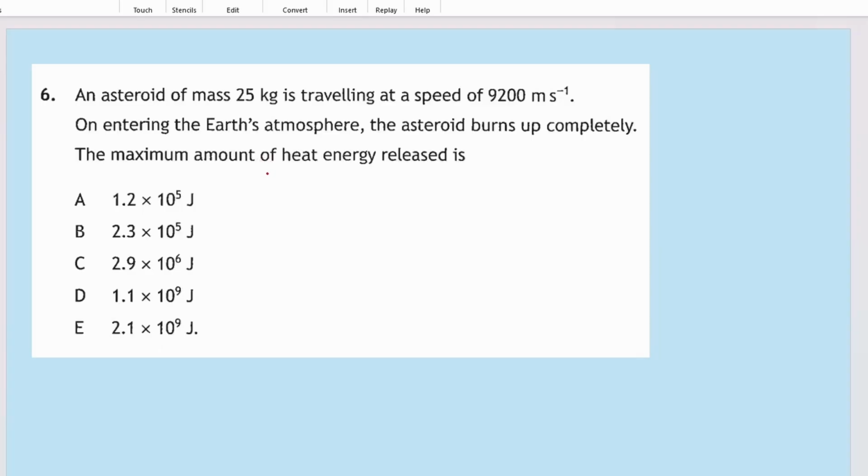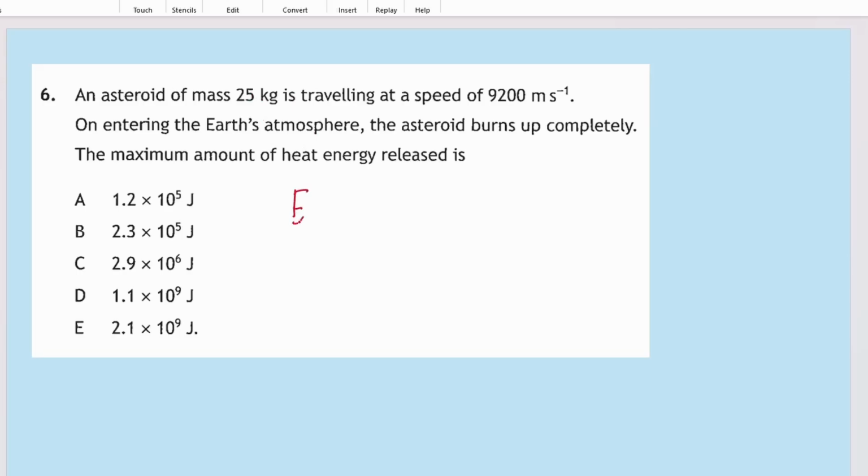Question 6 says an asteroid of mass 25 kg is traveling at a speed of 9,200 meters per second. On entering Earth's atmosphere, the asteroid burns up completely. The maximum amount of energy released is. Using the law of conservation of energy, we know that the kinetic energy will be released as heat energy when it burns up. Technically, that's the only thing you can really do in this question.